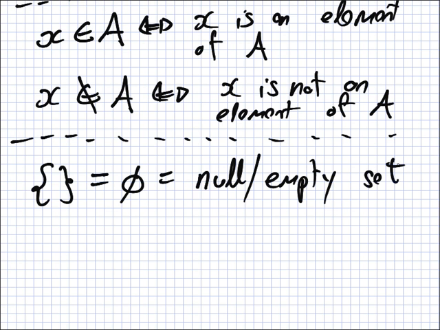It has no members. There is nothing inside of this set. So no matter what element I pick, I automatically know it cannot belong to the empty set. Null is the same as empty set, yeah, the same meaning.